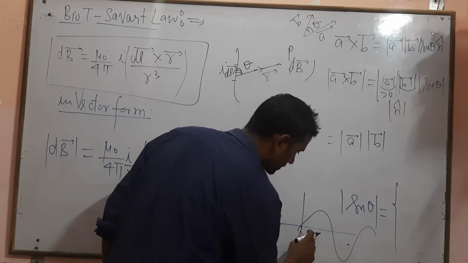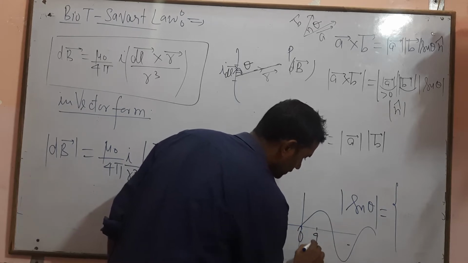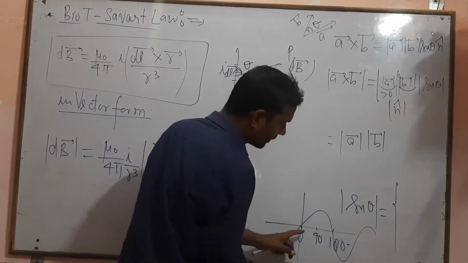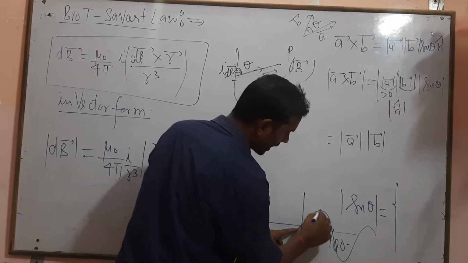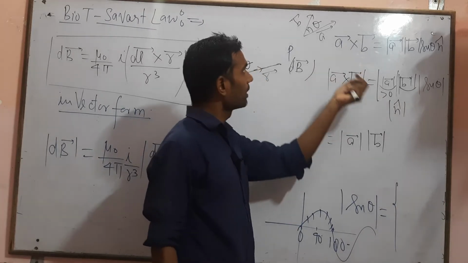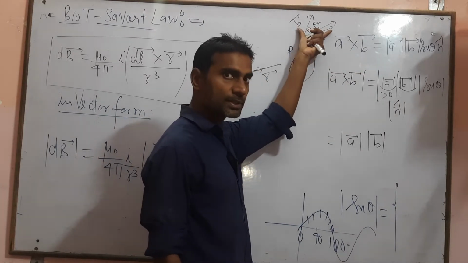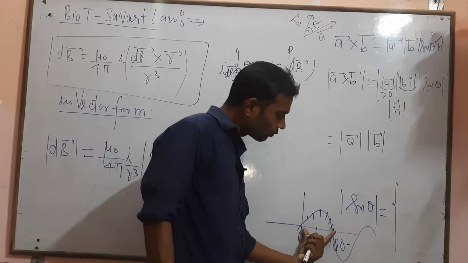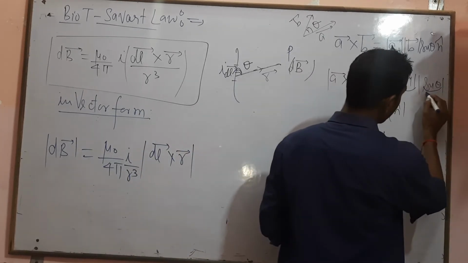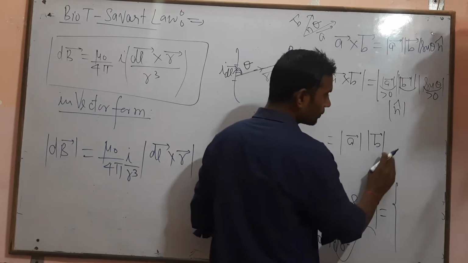This is 0, this is 90, this is 180 degrees. If the angle is between 0 and 180 degrees, then sine theta will be positive, because in A cross B the angle between A and B must be 0 to 180 degrees. So mod of sine theta is positive, and we can remove the mod.